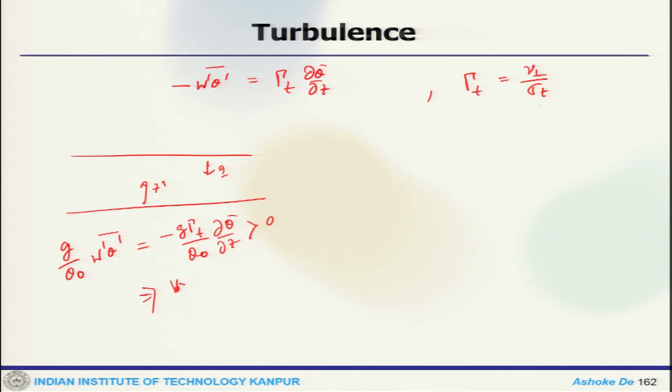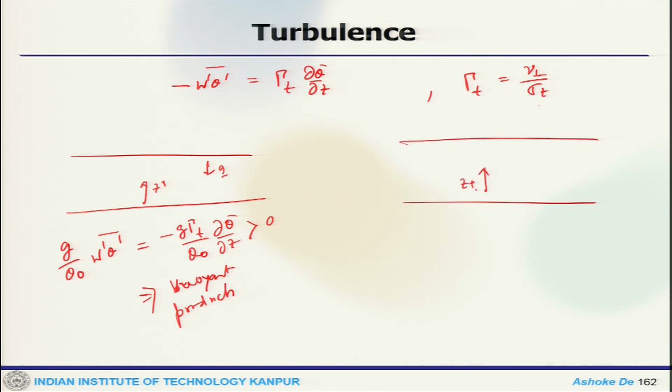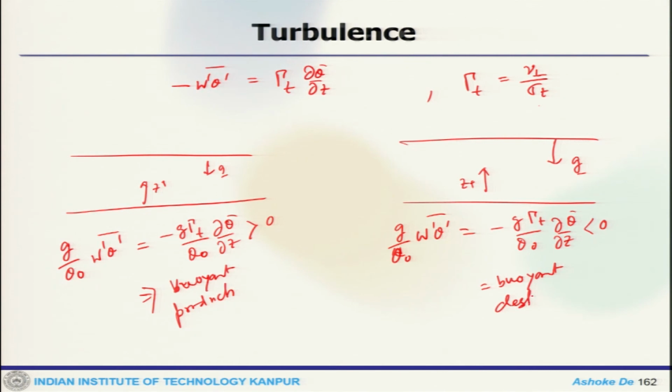So, this will be a buoyant production situation, or you can have a situation where g by theta 0 w prime theta prime is minus g gamma t by theta 0 del theta by del z less than 0, which is buoyant destruction.